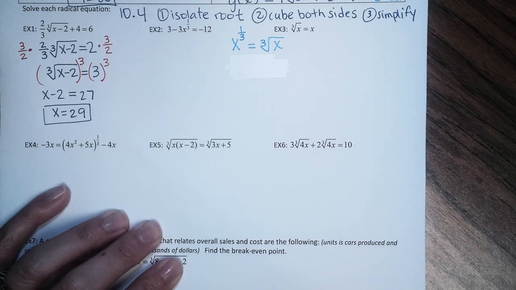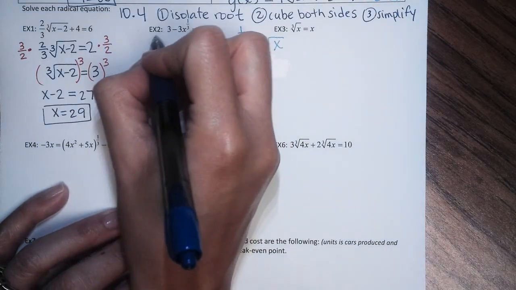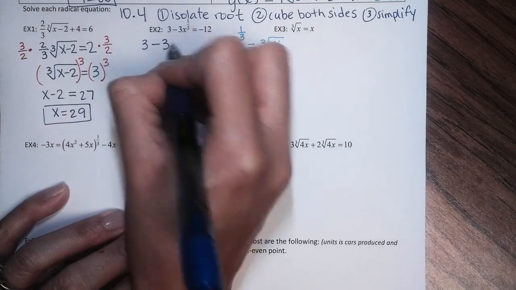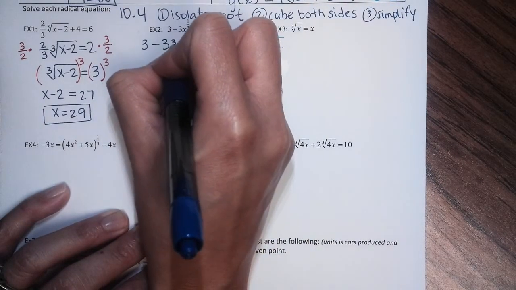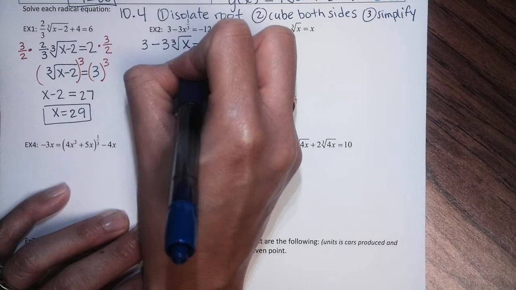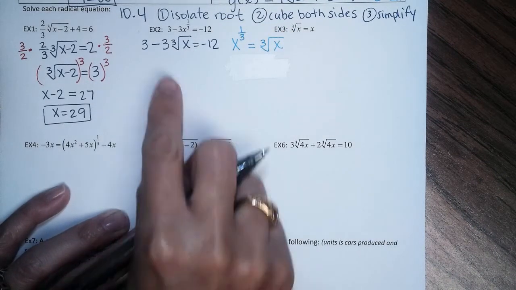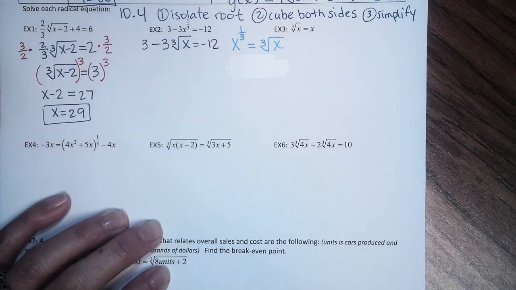So let's do number 2 by rewriting it as 3 minus 3 cube root of x equals negative 12. Notice how I only put the x in the cube root because only the x is being raised to the 1/3 power.